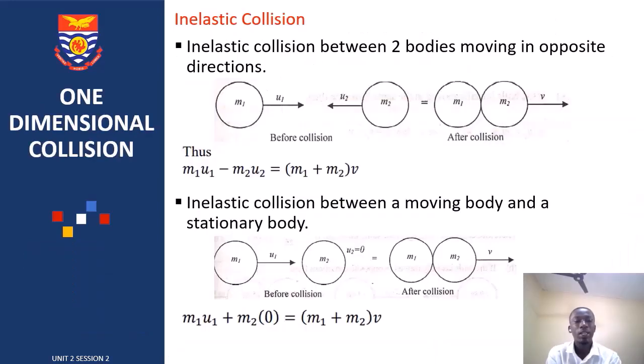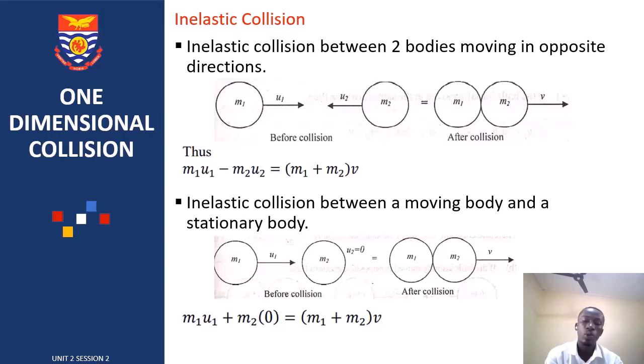So let's look at one-dimensional collision. I hope you do remember some things that we stated about inelastic collisions in our previous slide, like only momentum is conserved and kinetic energy is not conserved, and also that the bodies stick together right after collision. Here we'll be observing two bodies. The first is where they are moving towards each other and collide oppositely.